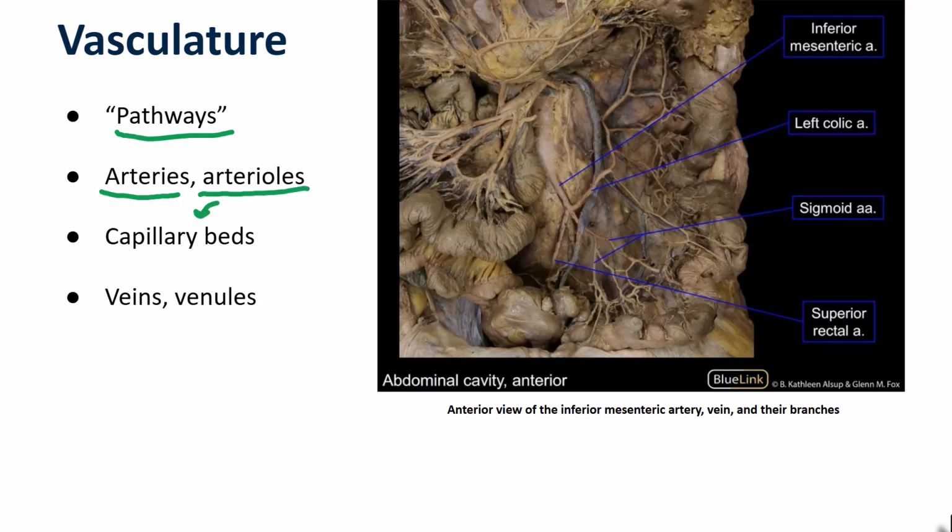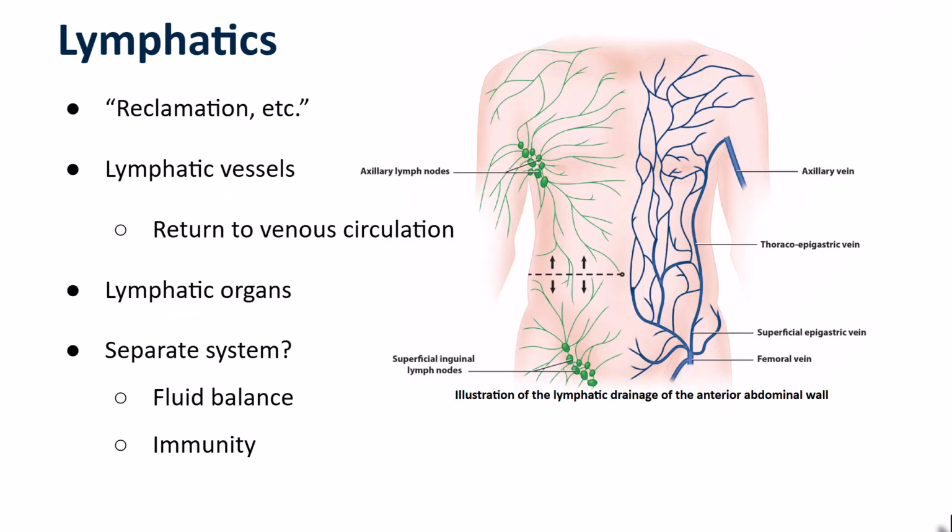It's there that we have the exchange of nutrients and waste products between the cardiovascular system and the interstitial fluid which surrounds metabolically active tissues. From capillary beds, venules pick up the blood, and venules are going to be tributaries into major veins, which deliver blood back to the heart. So, arteries carry blood away from the heart, veins carry blood toward the heart.